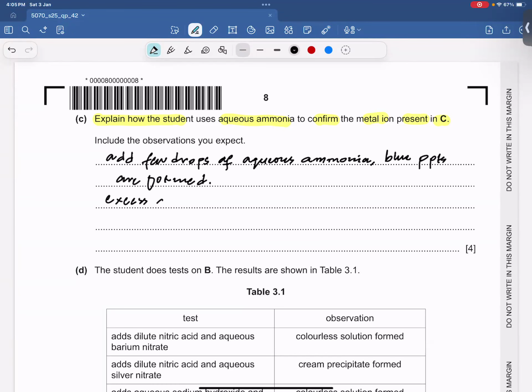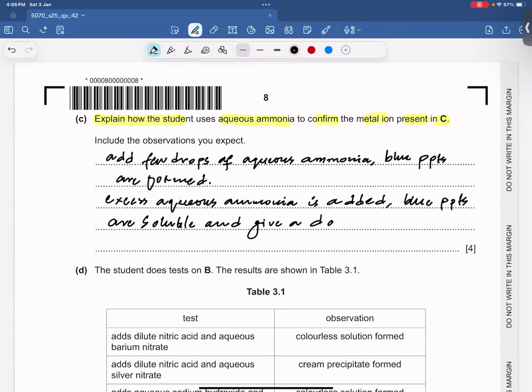Excess ammonia is added. Blue precipitates dissolve. So blue precipitates are soluble and give a dark blue solution. And that's what we have done in the class. So you guys need to remember all these tests and observations.